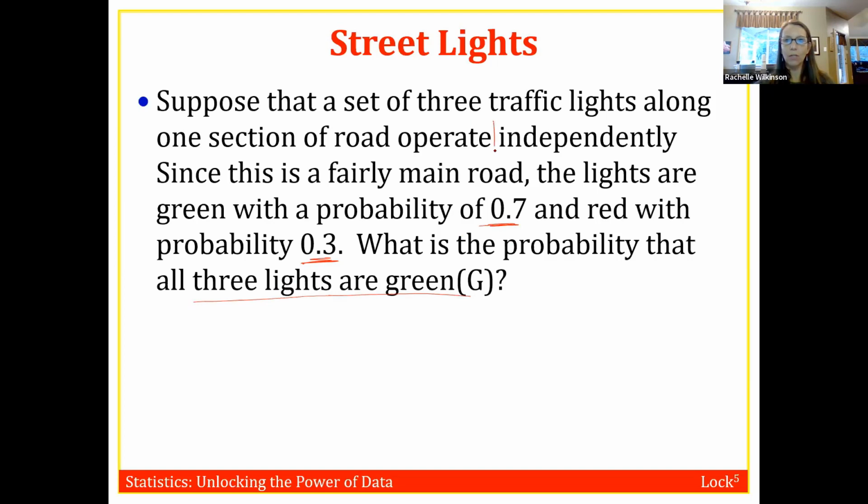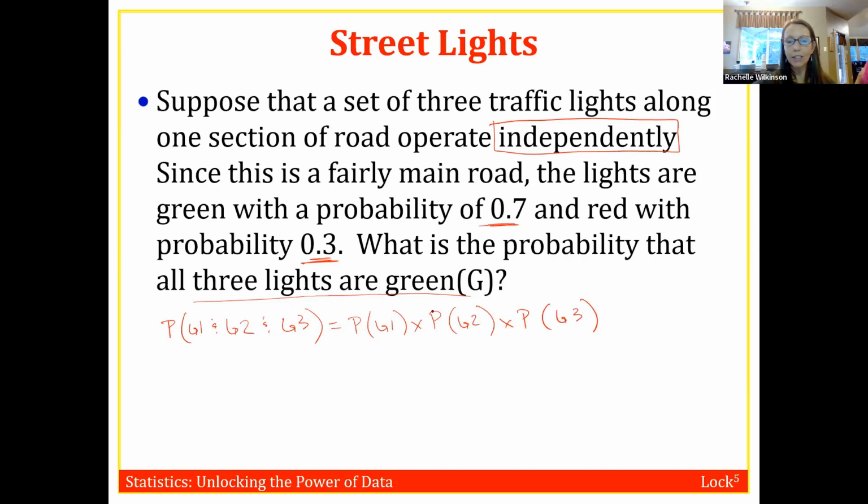Keywords here: we're looking at independent, and we want to know the probability of all 3 lights being green. That would be the probability of the first light being green, and the second light being green, and the third light being green. But because these are independent, I can just multiply the probability of green together, basically 3 times. I don't have to worry about what the first light or the second light did.